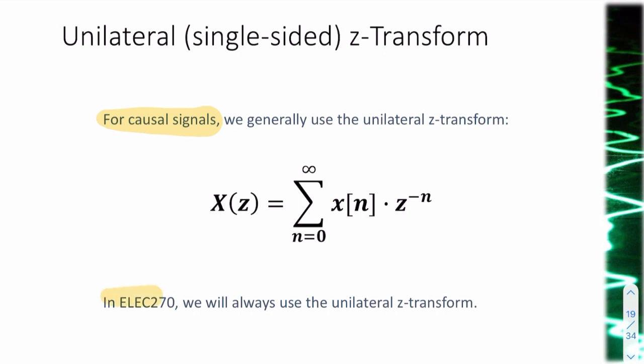So that's how it will look in this module. But if you do advanced signal processing next year, you're most likely going to be looking at bilateral rather than unilateral signals, and therefore you are most likely going to be considering the signal from n equals minus infinity.